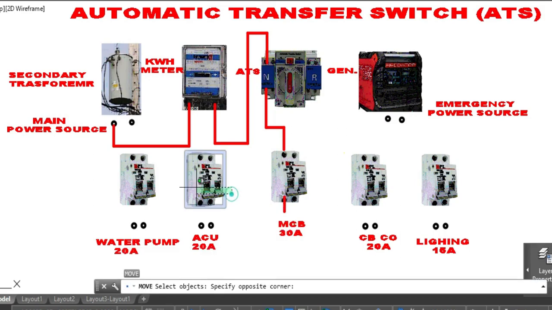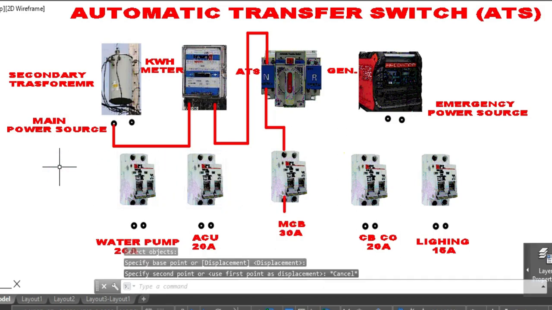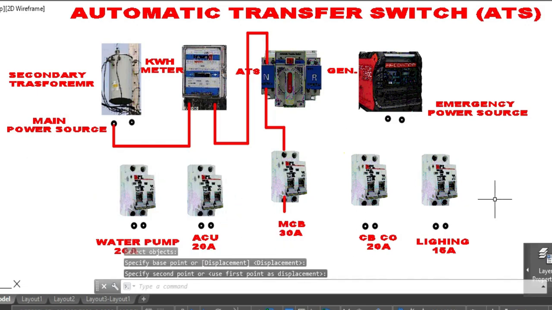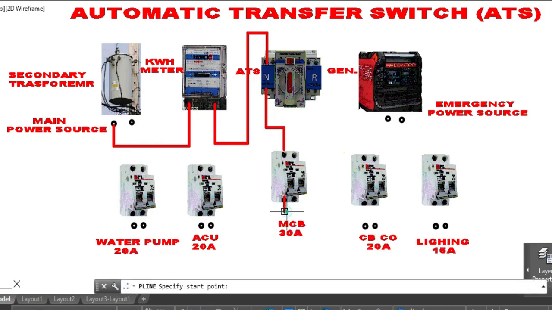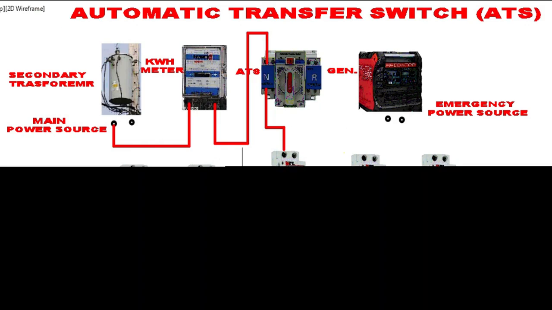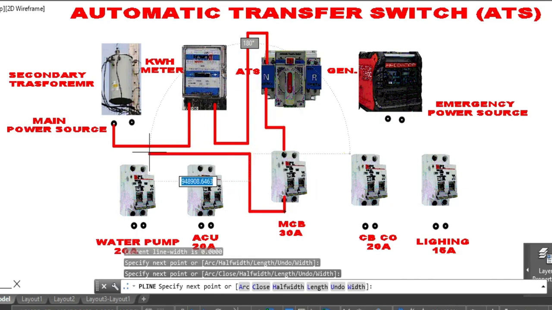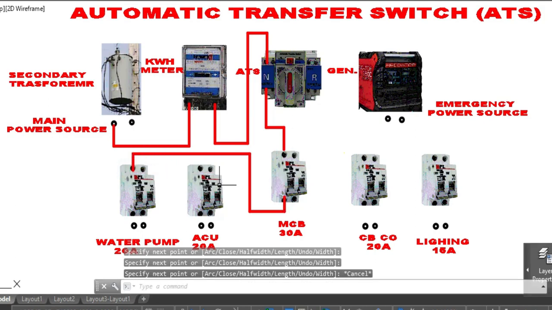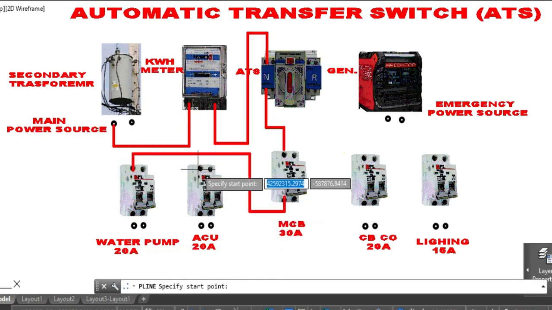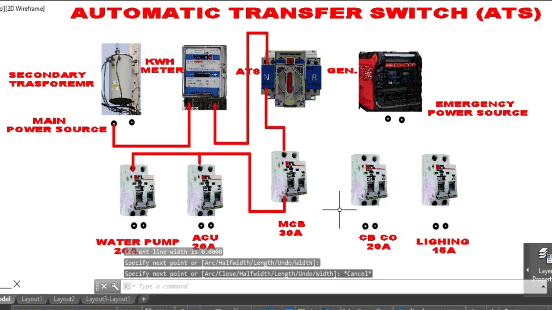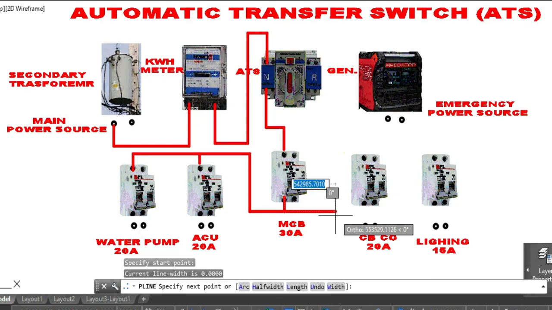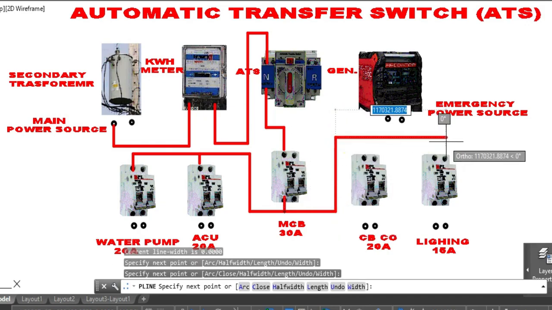Okay, we are going to bring it down a little bit. From the load side of the main circuit breaker, it will be connected to the line side of the branch circuit breaker. This one will also continue the connection to another branch circuit breaker.